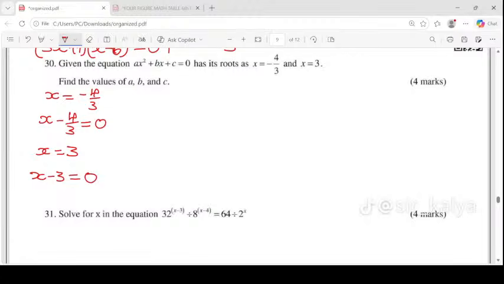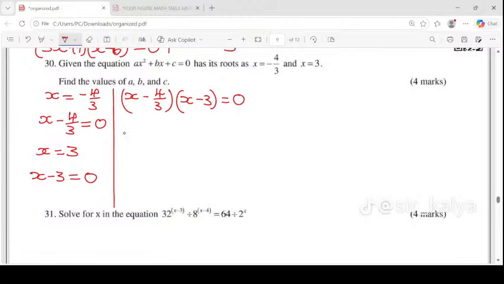So this will now mean x minus 4 over 3 multiplied by x minus 3. This should give you a 0.